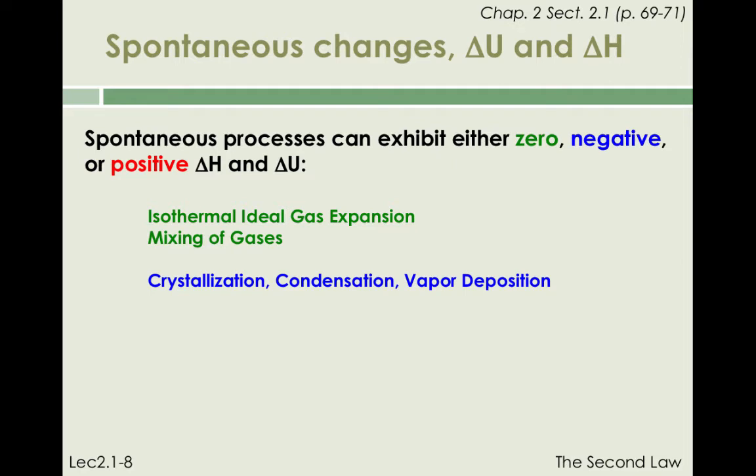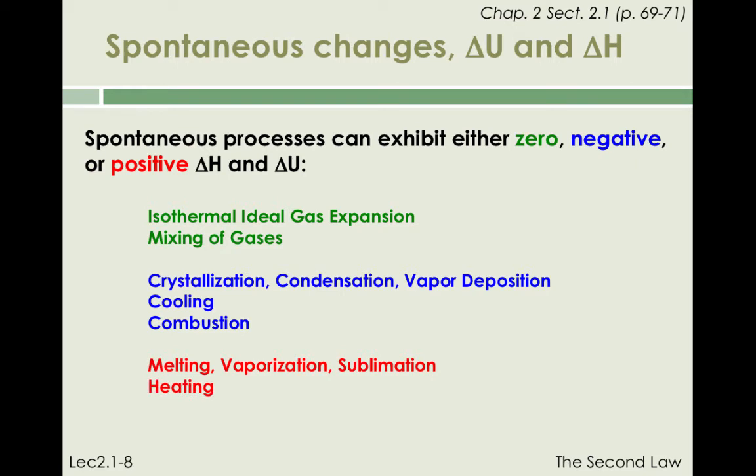We also saw evidence that H and U decrease during exothermic phase transformations, such as crystallization, condensation, and vapor deposition, during cooling, and during combustion reactions. Finally, the enthalpy and the energy were shown to increase for phase changes such as melting, vaporization, and sublimation, for the heating of substances, and for the dissolution of certain salts in water.